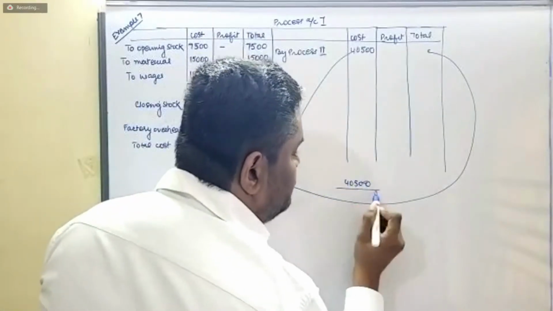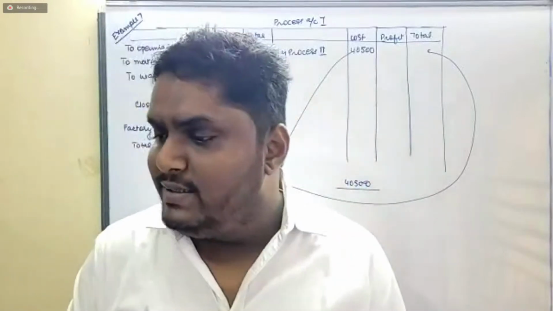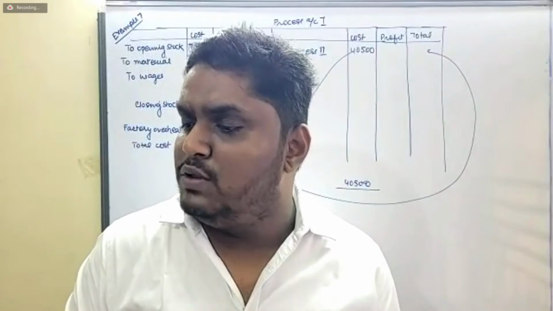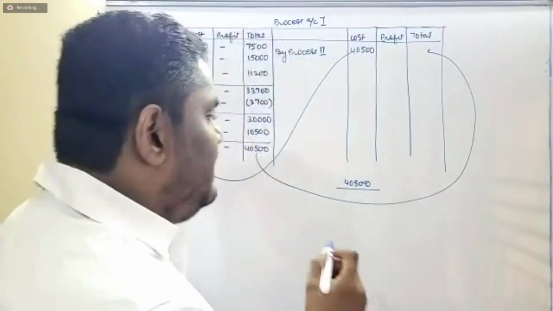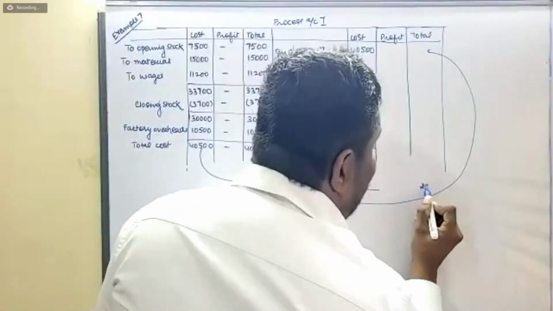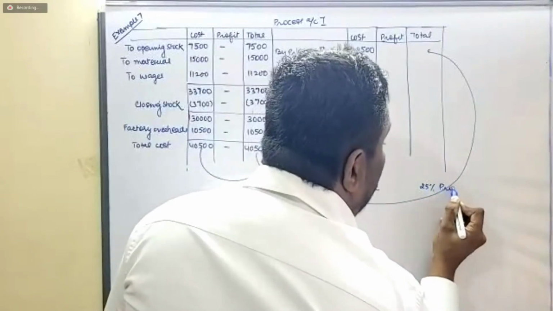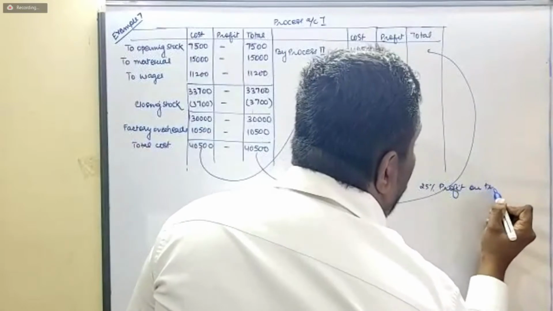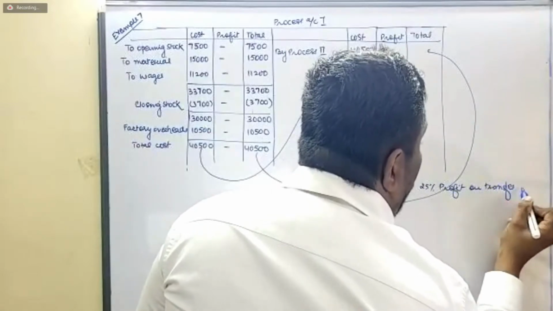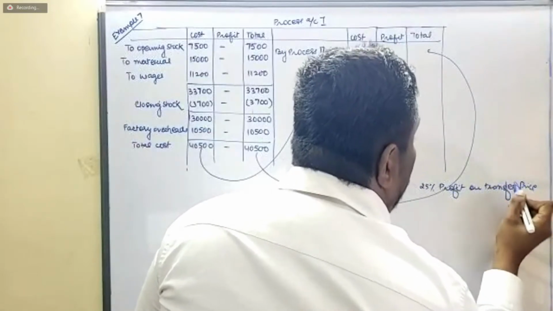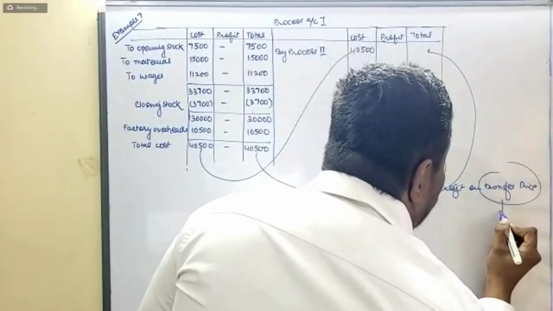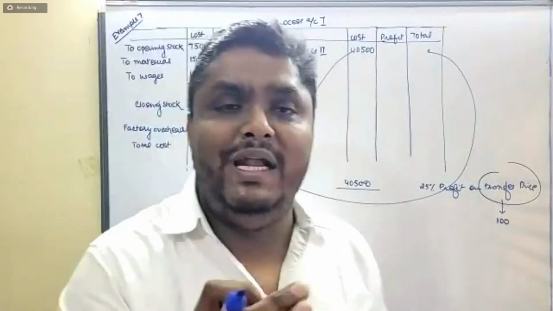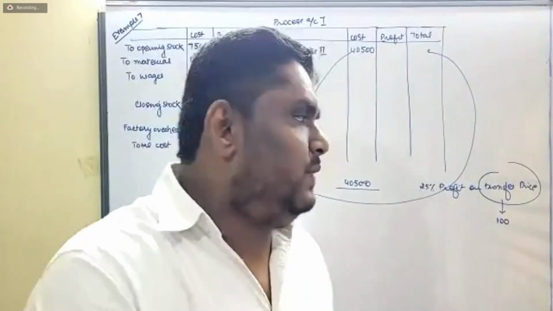Now here it is given that the output is transferred to the next process at 25% profit on transfer price. I repeat again, it is given that 25% profit on transfer price.